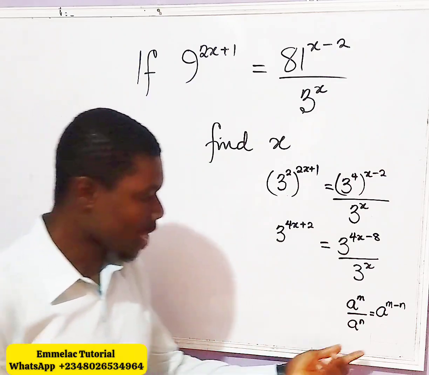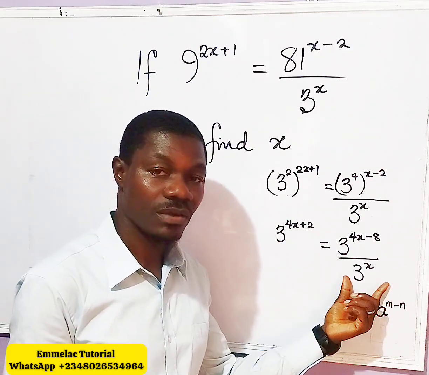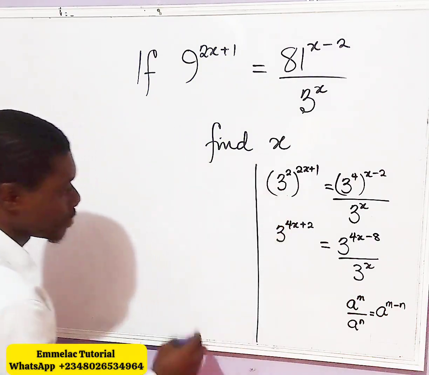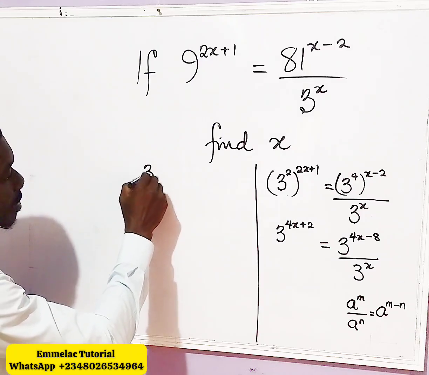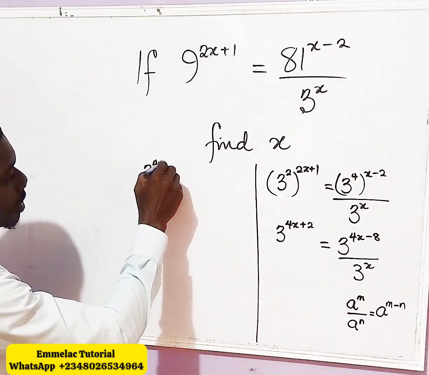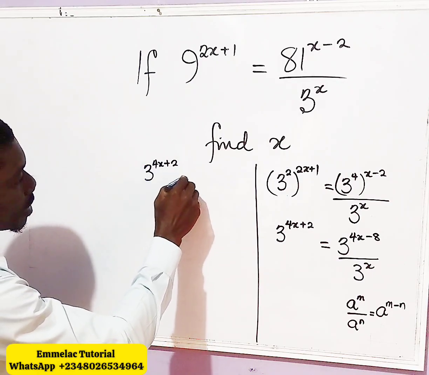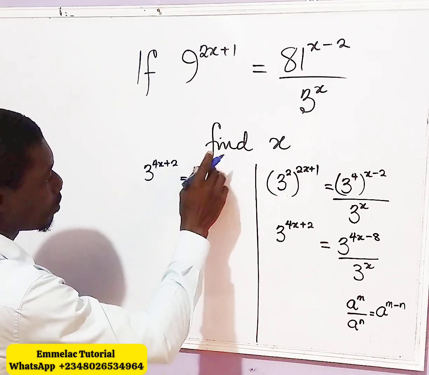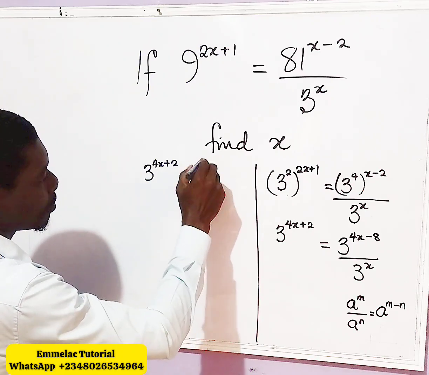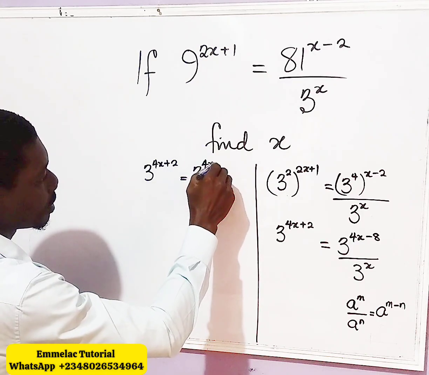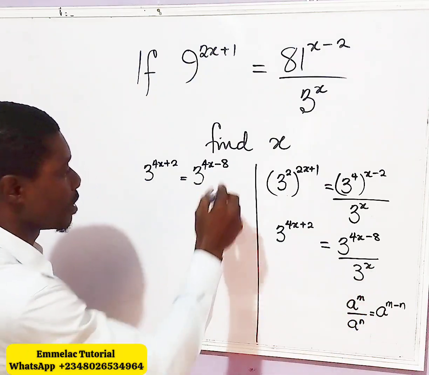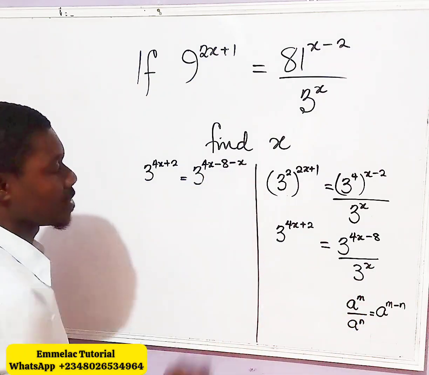So we'll apply this rule to the right hand side of the equation, and that will give us 3 raised to 4x plus 2 equals 3 raised to 4x minus 8, take note, then take away x.